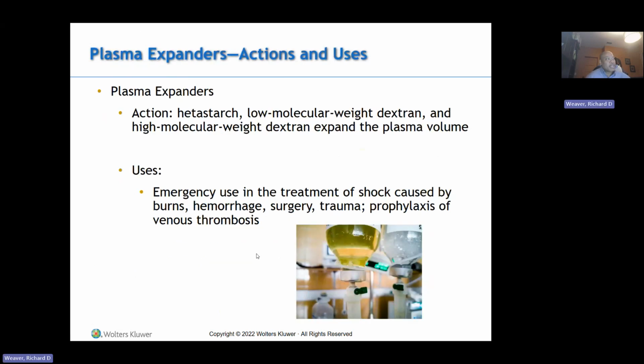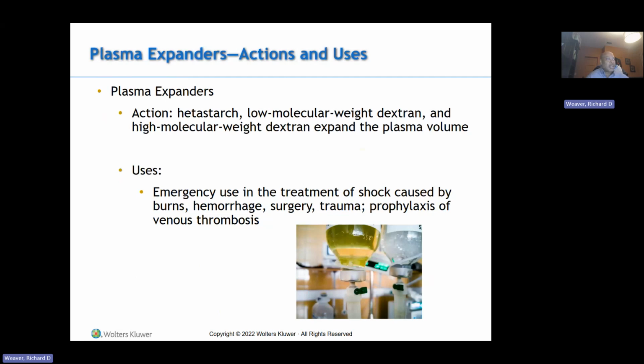Now, the plasma expanders, in terms of their action, this is one of the medications we call hetastarch. This is a plasma expander. It expands the vascular space in order to improve circulation, the intravascular volume, the blood pressure, and so forth. We also refer to it as low molecular weight dextran.